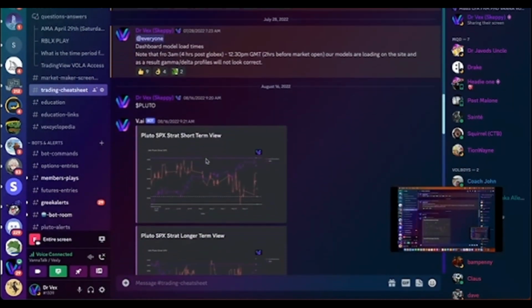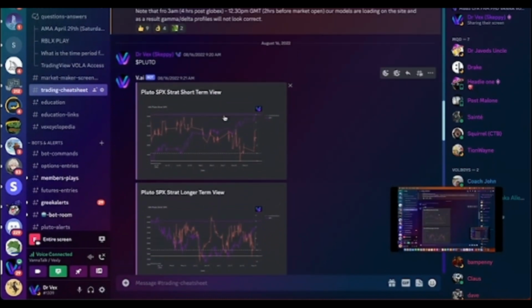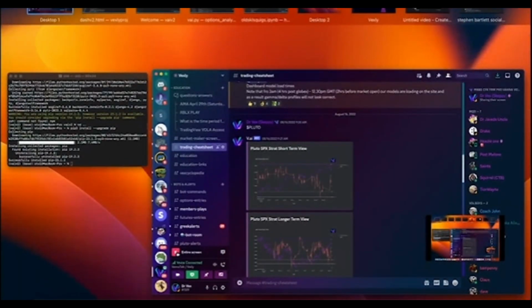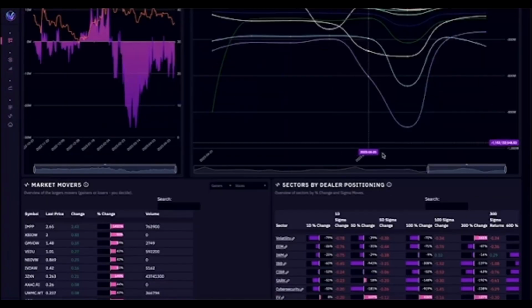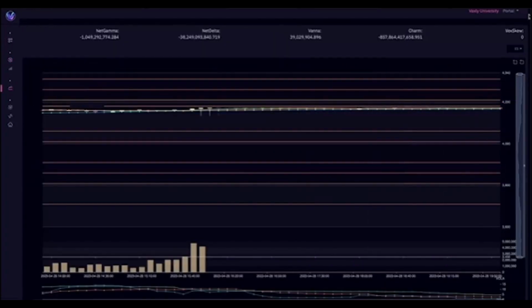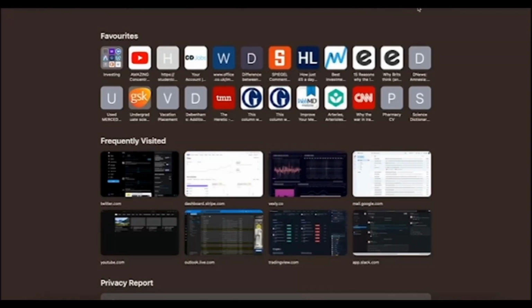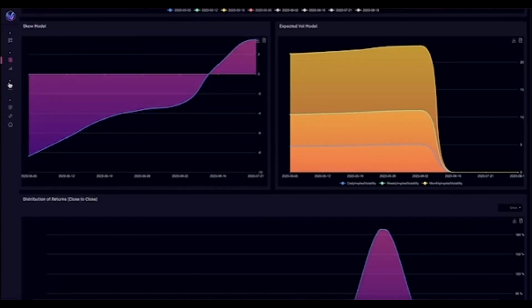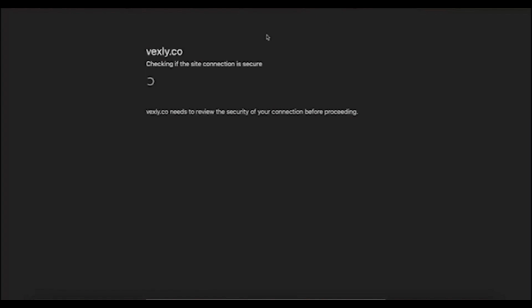Now, if I'm looking, I'll combine everything together. I'll look at the sigma table as we looked at earlier to identify sector. I will go to the indices page and look at positioning overall as well. And then one of the other things I like to do is look at the market maker model.